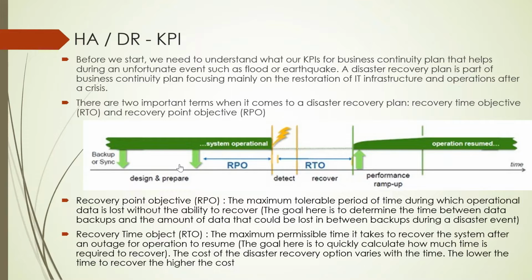Then the business has to take a call, and the management of the customer has to take a call. If they decide to activate the secondary data center, then we as technical consultants work.